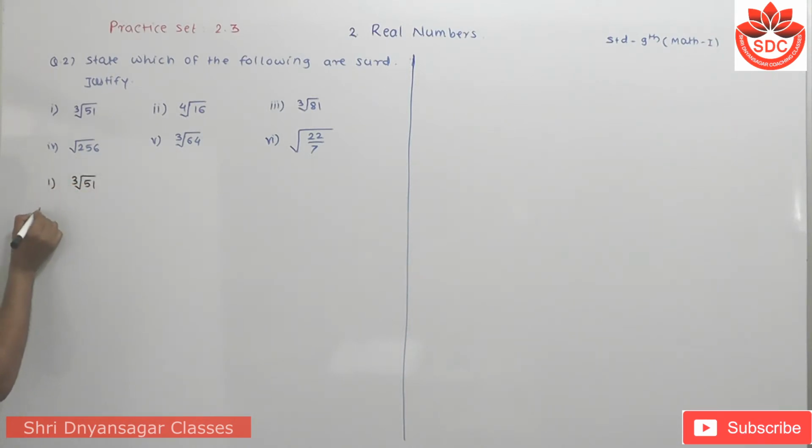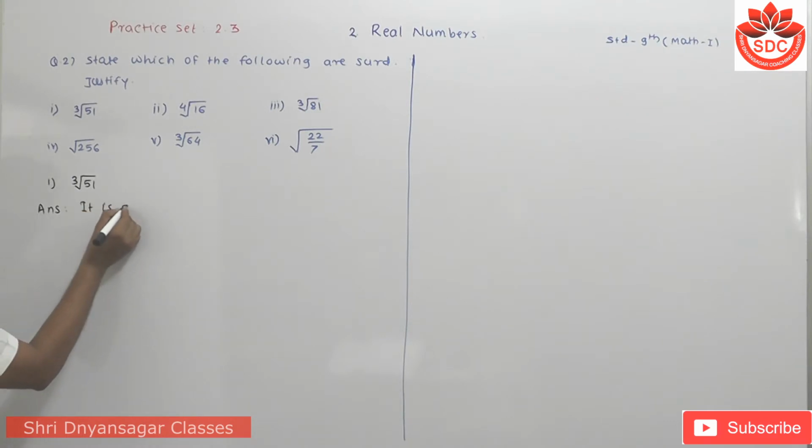Now students, the answer of such a question is here. The cube root of 51 is a surd because n, that is 3, is greater than 1 and the radicand is a positive rational number. So it is a surd.